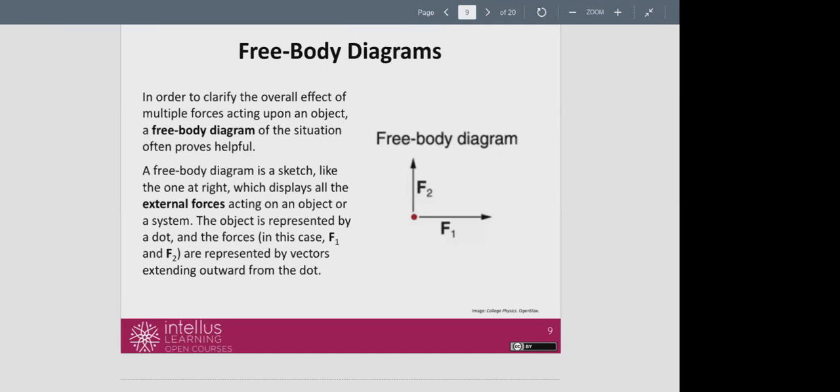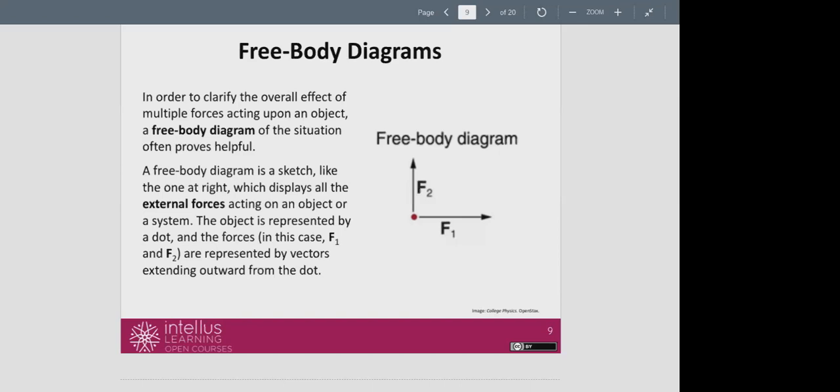It could be representing an object sitting on a table. It could be representing any object. We imagine taking that object and collapsing it into a dot and then showing the forces acting on it using arrows to represent our force vectors.